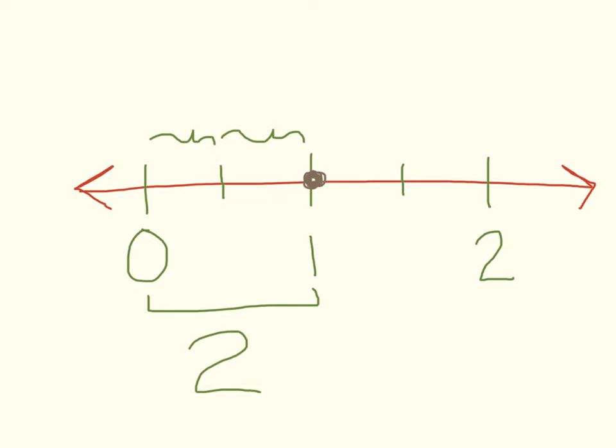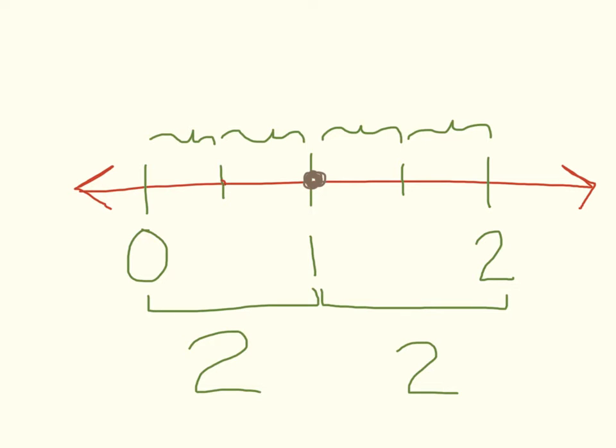Here again, here's a whole number to a whole number, and I have 1, 2 spaces. So my 2 would be my denominator. Now, to find the denominator, you are counting the spaces. To find the numerator, you will count the tick marks or the lines.